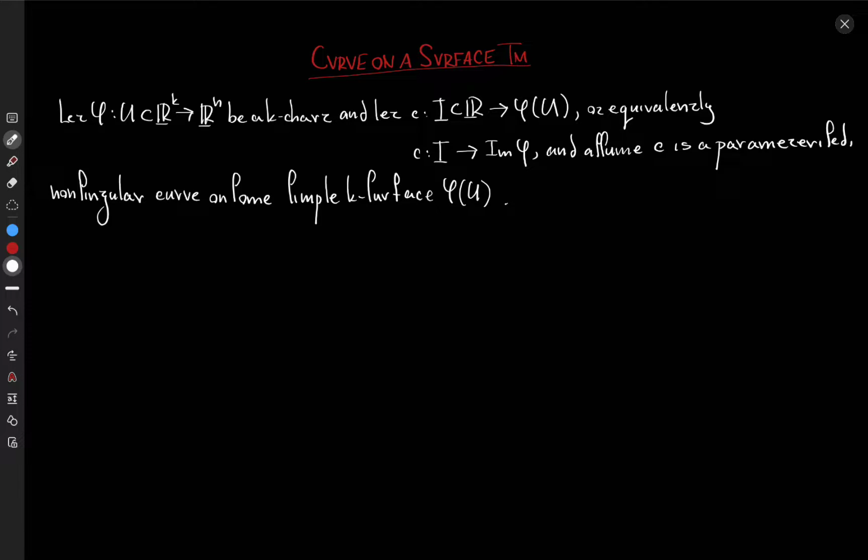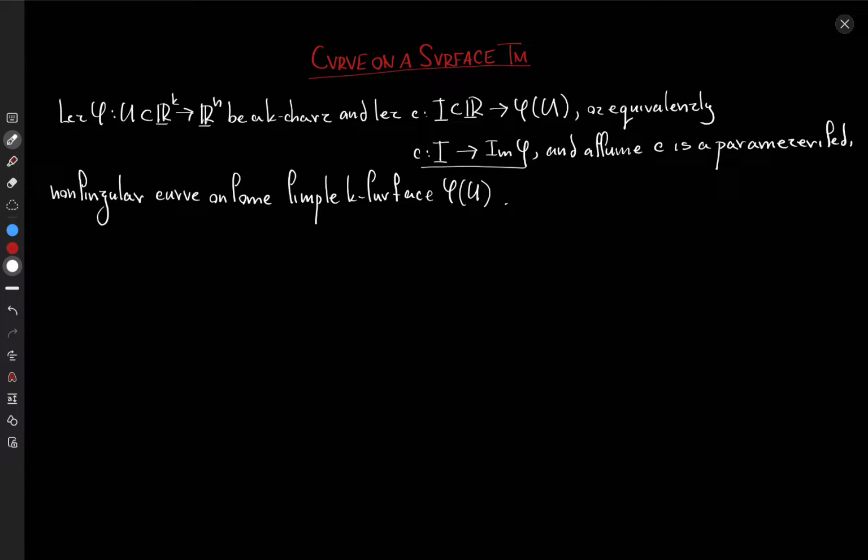Some explanation of these terms might be in order. So, what does it mean that the curve is non-singular? It's very simple. It means simply that the first derivative exists everywhere and is non-zero everywhere. And secondly, it's a curve on some K surface phi U. Well, that's exactly what the definition says.